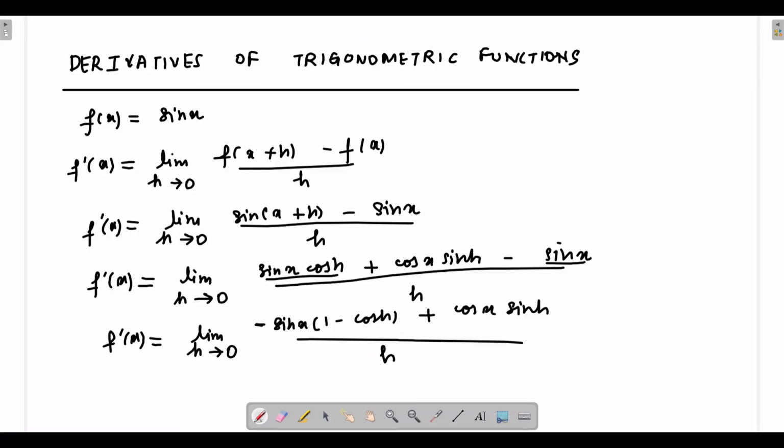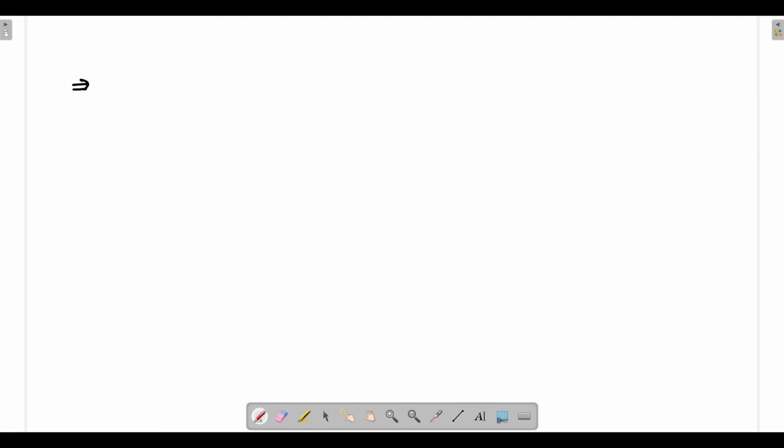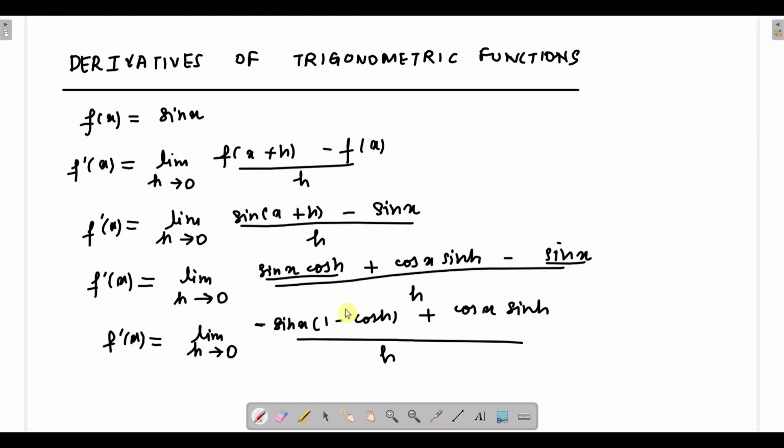So f prime of x, if you see, will be equal to limit h tends to 0, and now we can split the numerator. So what will happen here?